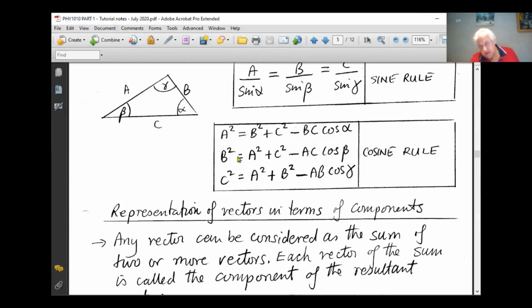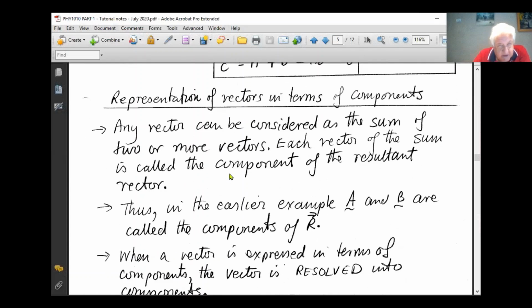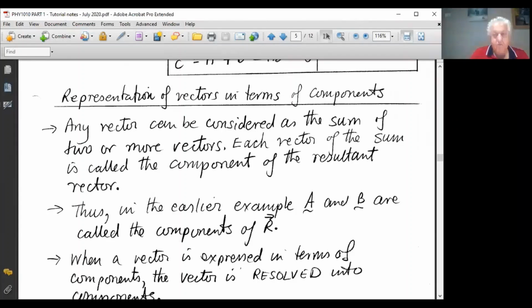Similarly here, B squared equals A squared plus C squared minus 2AC cos beta. So if you see the pattern, it's easy to remember. But always remember there is a minus sign that comes here. I will leave the sine and cosine rules just as I mentioned. We will not be using them.